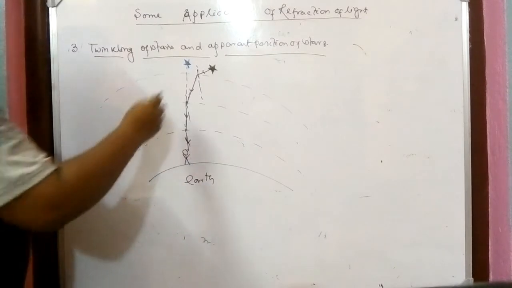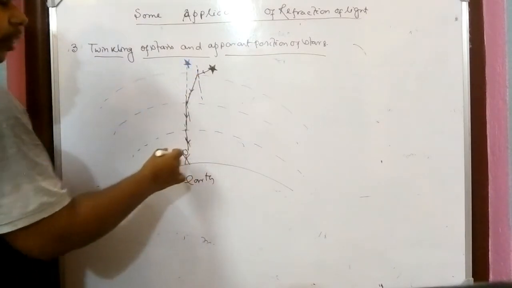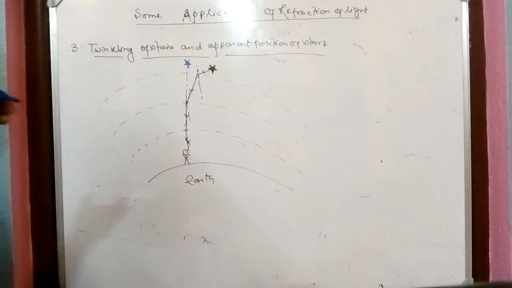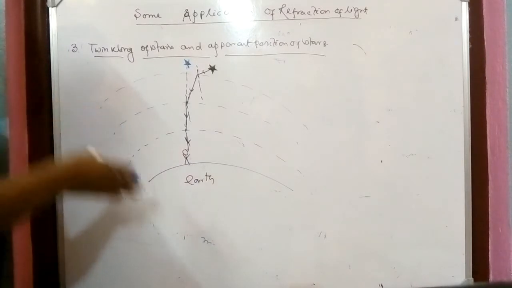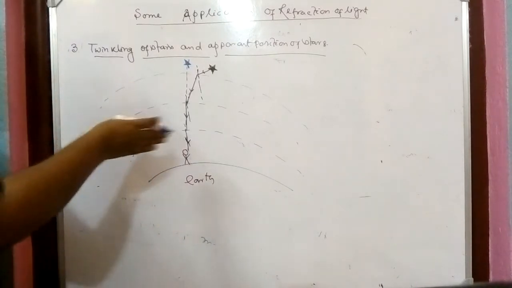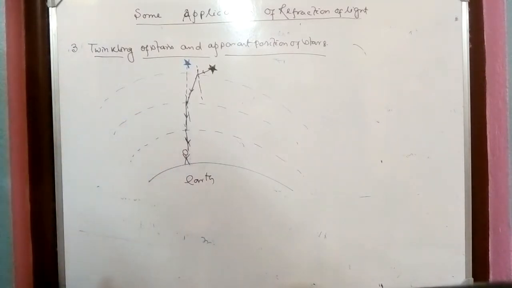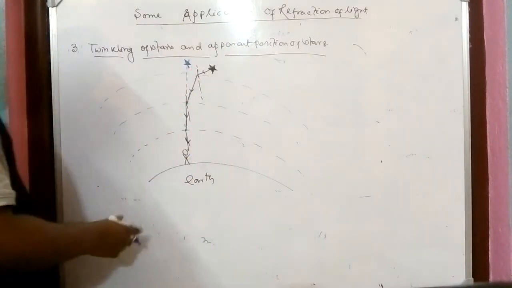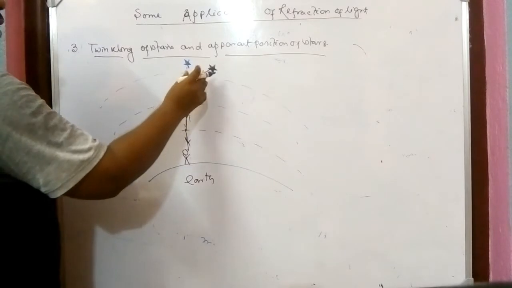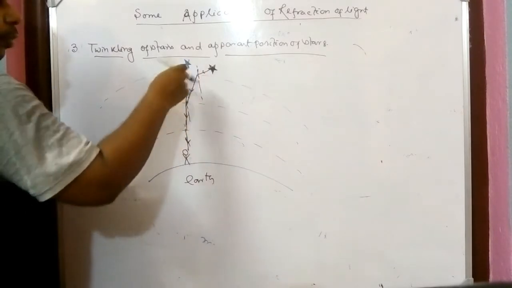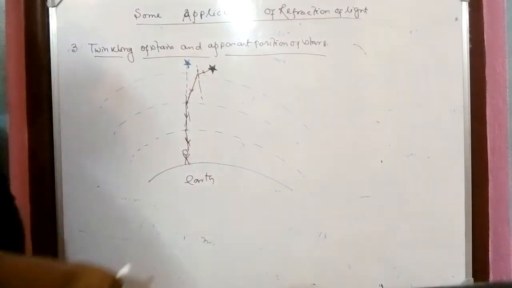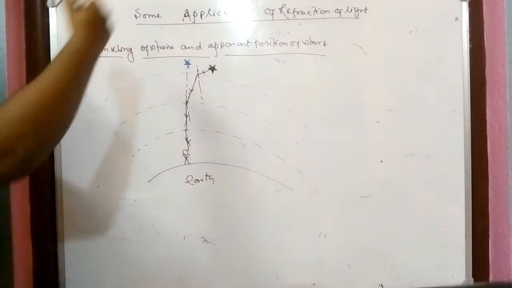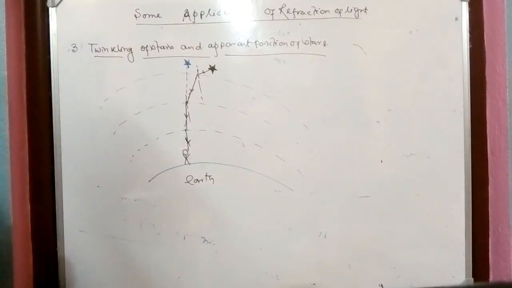So the path of the light ray that is coming to our eyes does not come in one path. The path of light is changed continuously. As the optical density increases and decreases, the path of the light ray is changed like this. So that's why whenever we look at the stars, they seem to be twinkling.